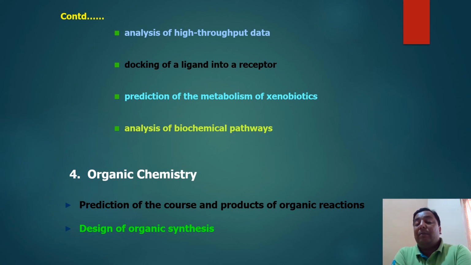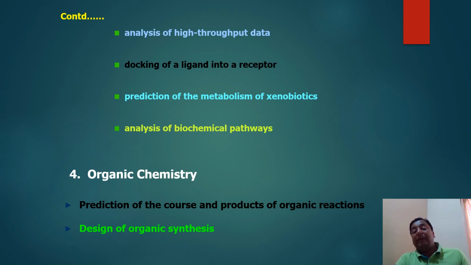And then analysis of biochemical pathways. If the drugs are responding to any chemical or biochemical pathways, we need to understand, and all this information will be there in the databases. That's why we need chemical libraries or combinatorial libraries. And the last step is organic chemistry, where we are talking about predictions of the course and the products of organic reactions, right?